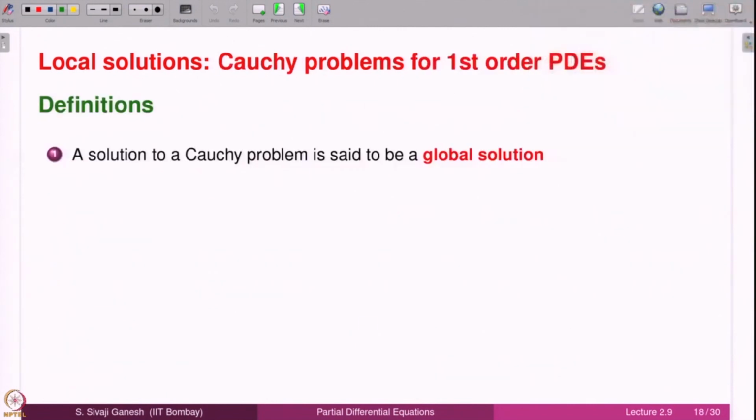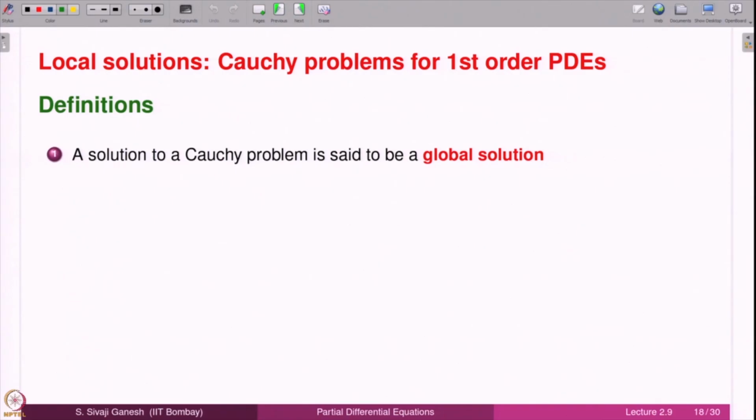Let us now define this for partial differential equations. A solution to a Cauchy problem for a quasi-linear equation, it can be for any first order PDE. Because we are in this first order PDE setup and this is a tutorial on quasi-linear equations, we can as well assume quasi-linear equations, otherwise the concepts are quite general.